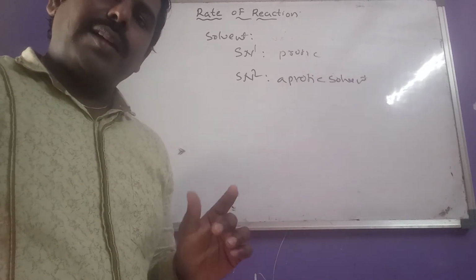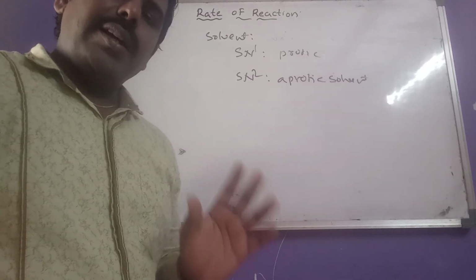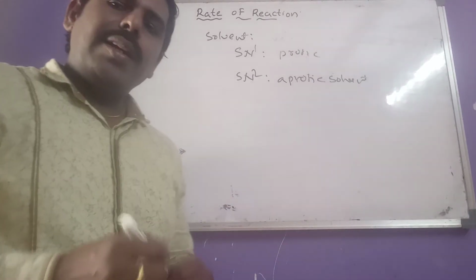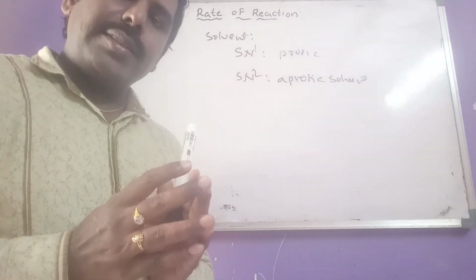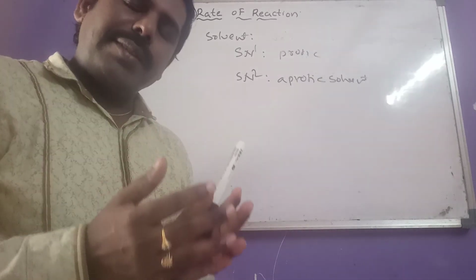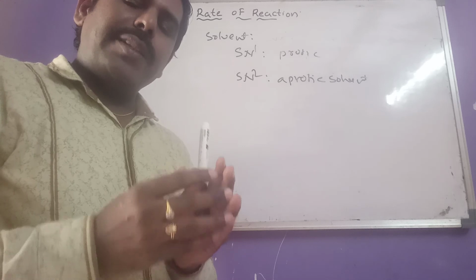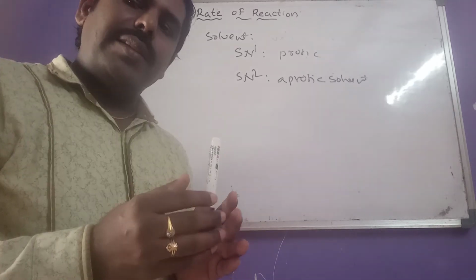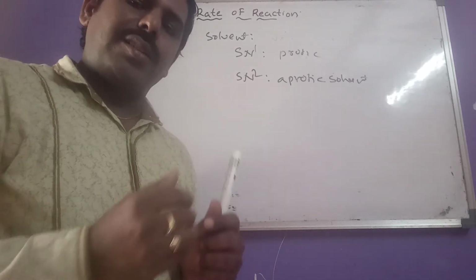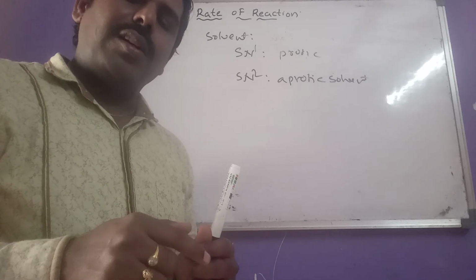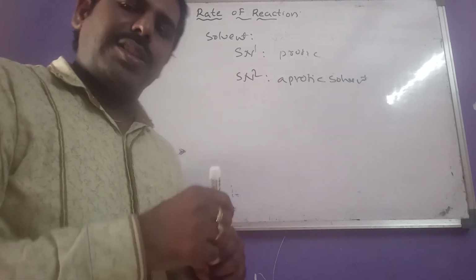And another factor also there, radiation. Radiation means here some reactions take place in presence of sunlight. That means with the effect of radiation there is increase in rate of reaction. Those reactions are called photochemical reactions.